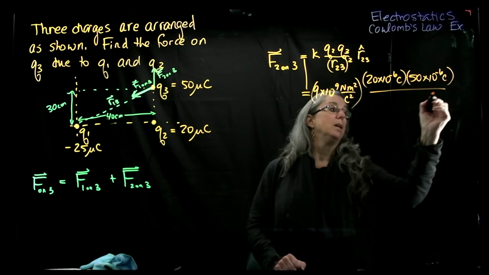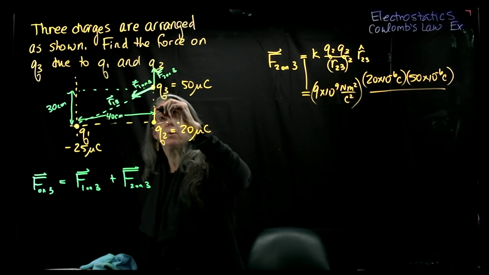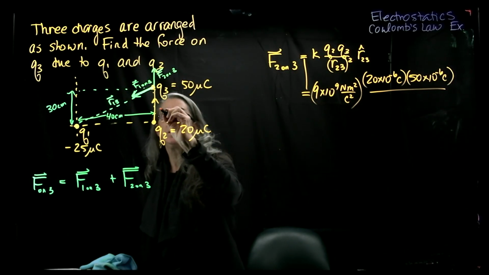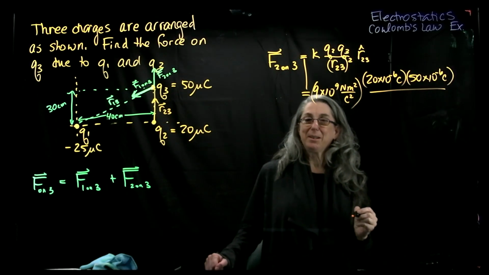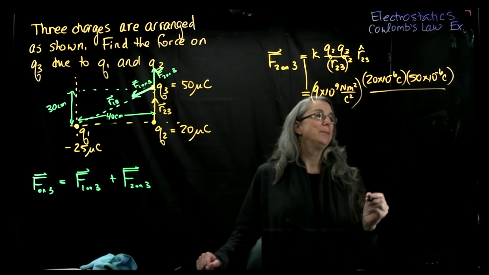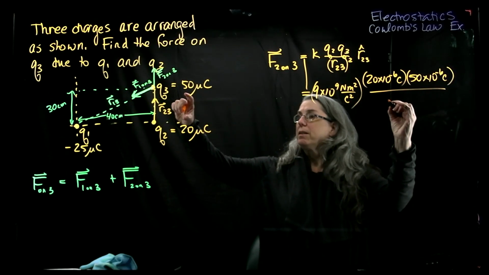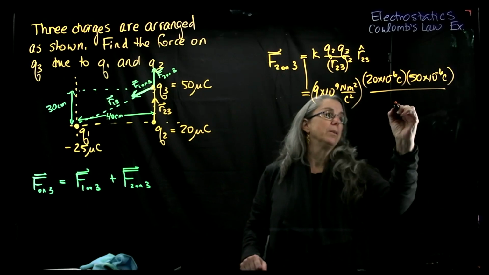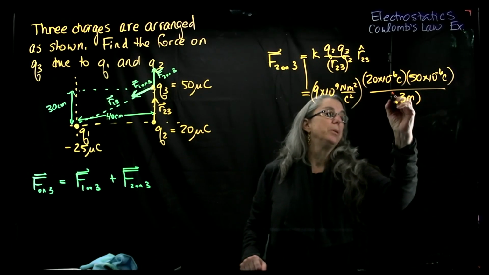And the R from 2 to 3 is this direction. I realize this picture is getting really crowded. Hopefully you can see which thing is which. That will be the vertical side of the rectangle, which was 30 centimeters. To change centimeters to meters, you just move the decimal point 2 places.